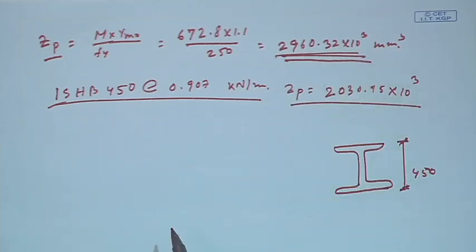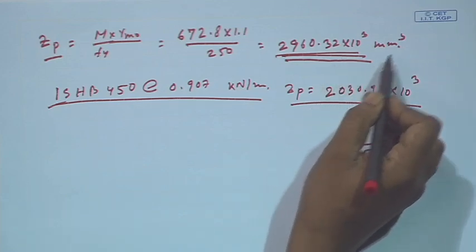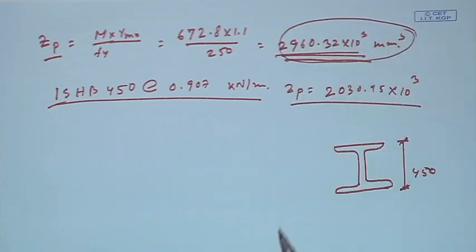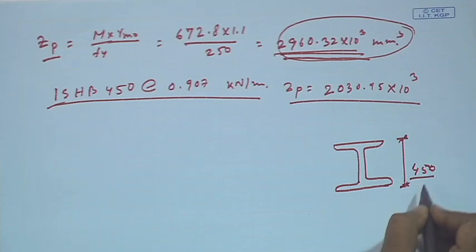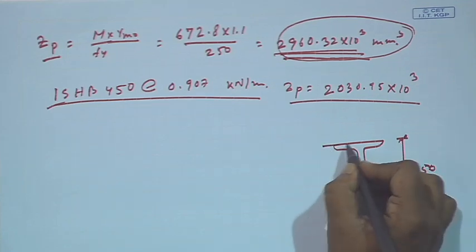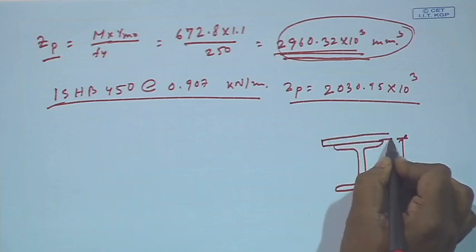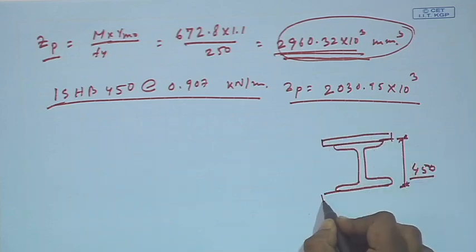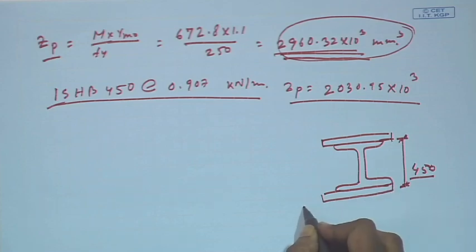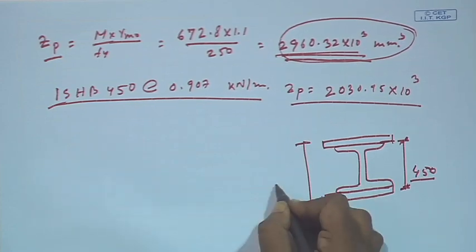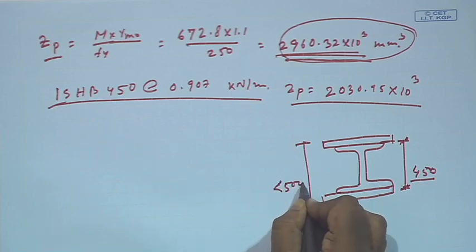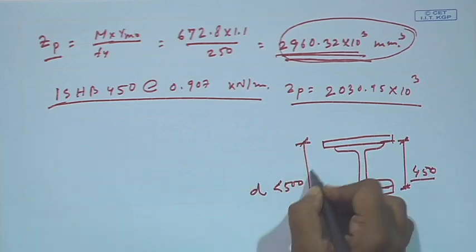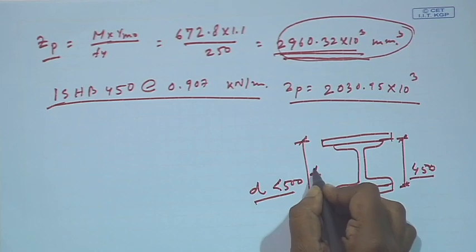Means, if I consider some I section of 500 depth, we are unable to achieve this. Therefore, what we are doing? We are taking a section lesser than 500 and adding some plate, so that the total depth does not exceed 500, means less than 500. This is D, sorry, capital D.